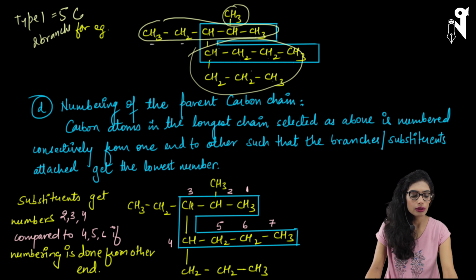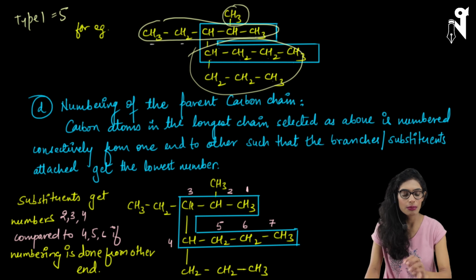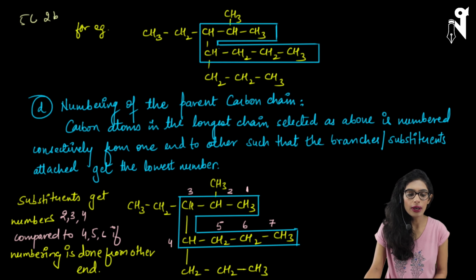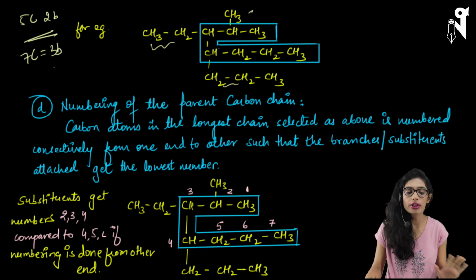Okay, so type 1 has 5 carbons and two branches. If I mark the way it is already marked, I get 1, 2, and 3 branches. And how many carbons? 1, 2, 3, 4, 5, 6, 7. 7 carbons, 3 branches. Okay, so the upper one is already rejected.